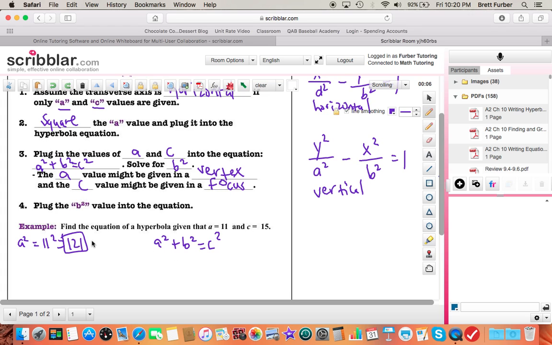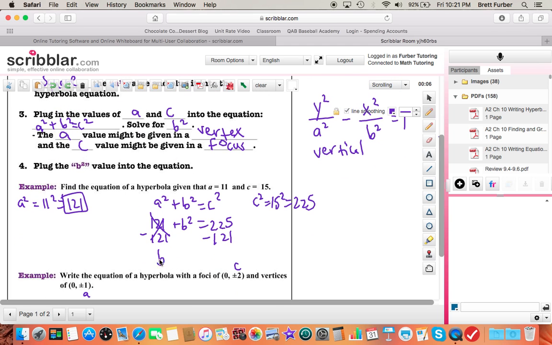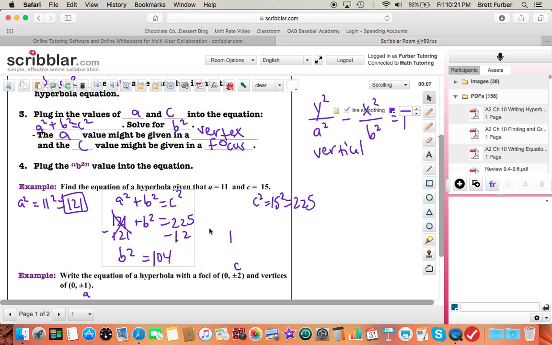So we're going to use this formula. a squared we just found was 121. c squared is going to be whatever 15 squared is, which is 225. When I solve for b squared by subtracting 121, I get that b squared is 104.